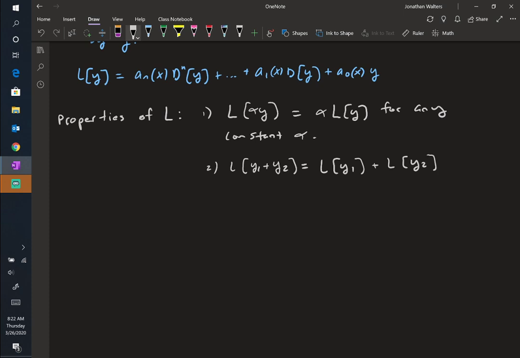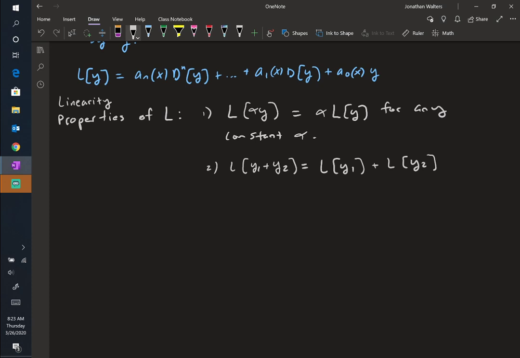So these are called the linearity properties of L. You can pull constants out and you can break up the operator over the individual functions, just like you can with a regular derivative.